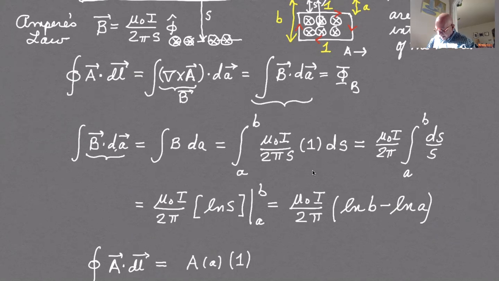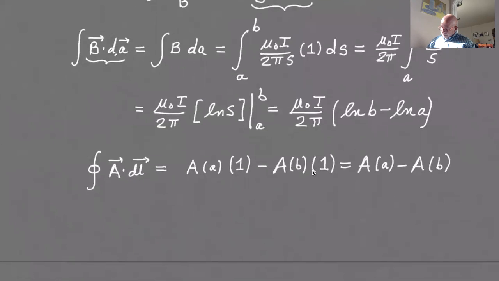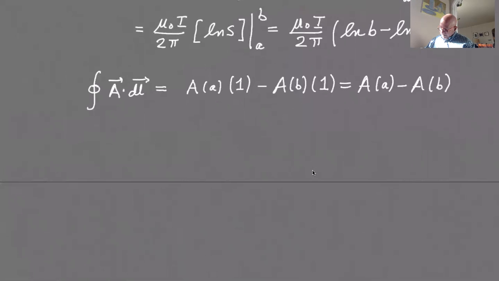And so through the dot product, I'm going to pick up a -1. And so that's going to be negative A at b times that length, which is 1. So that's going to be A at a distance A minus A at a distance B. All right, beautiful, beautiful. We can scroll down to here.